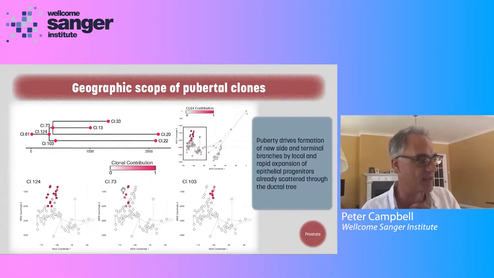And this other side branch right next door to it is seeded by another one of the daughter cells created in adolescence. So that allows us to say that these ducts are formed by single cells present locally at adolescence and then kicked into action by the burst of androgens in puberty.